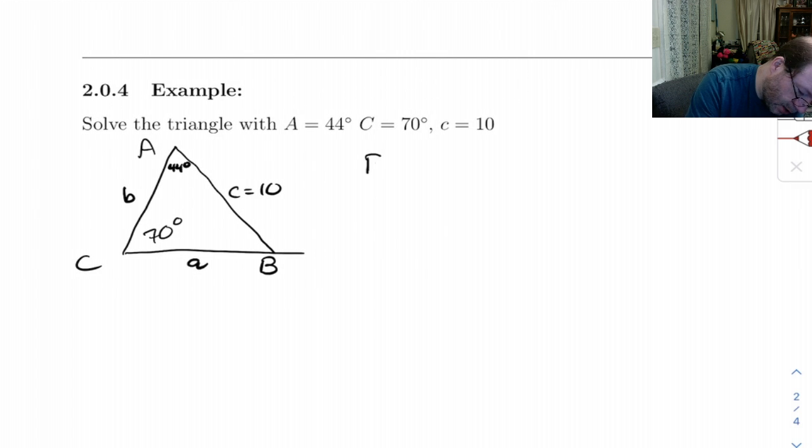So big B is going to be 180 minus 70 minus 44. B is 66 degrees.